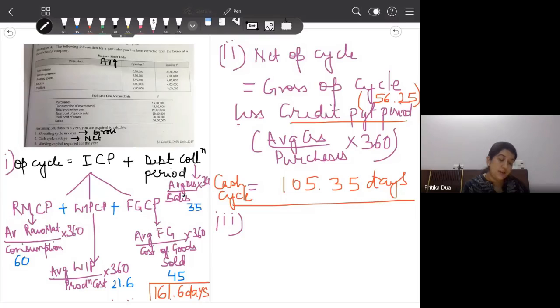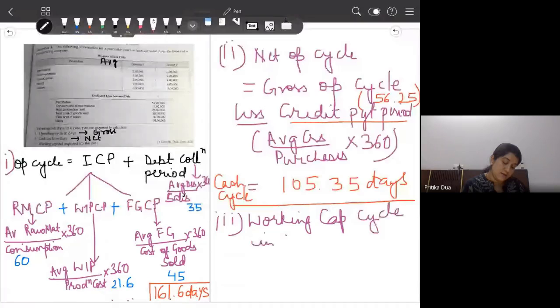Okay, now we'll see how many. Look, cash cycle will now tell you how many working capital cycles are there in the year. So this can be calculated as 360 divided by 105.35.